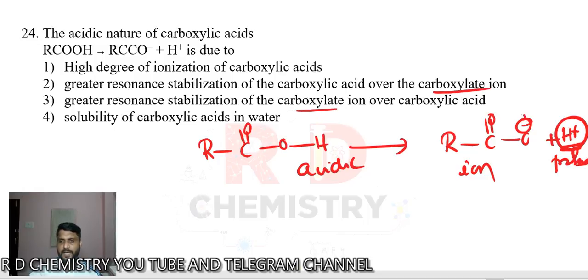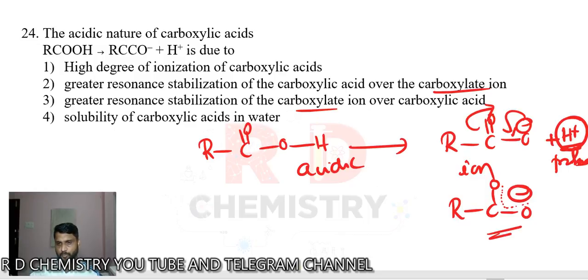Okay. This carboxylate ion undergoes resonance, so we get an equivalent structure like this. The negative charge is there on both the oxygens, so the negative charge is delocalized. We get an equivalent structure like this. So this is more stable compared to the carboxylic acid. Okay, right?